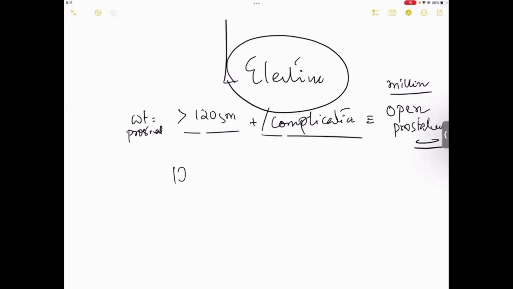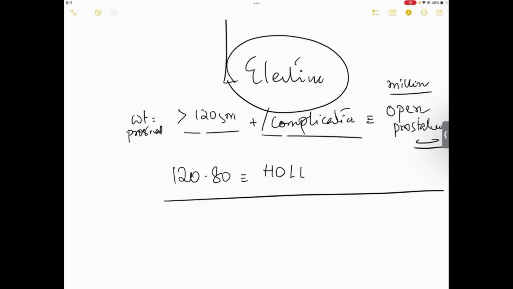If the weight is somewhere between 120 to 80, people have now done something called HoLAP or HoLEP, the holmium laser prostatectomy, or something called laser TURP.